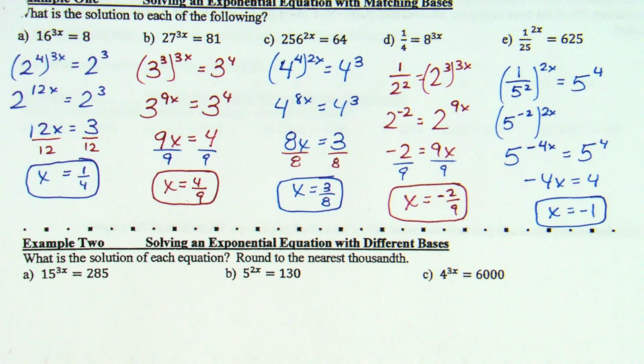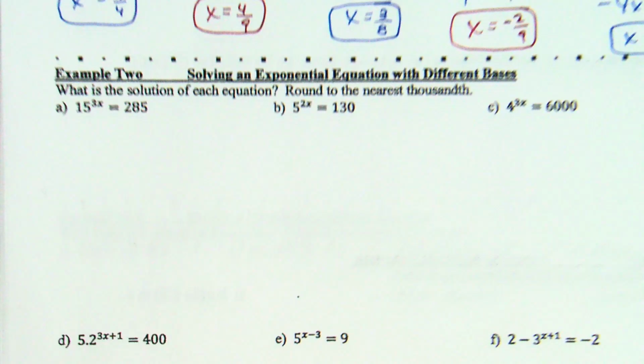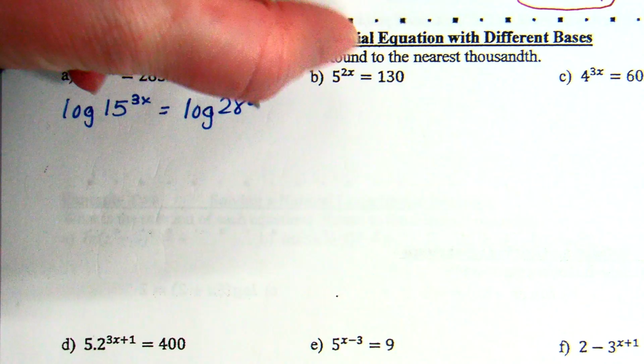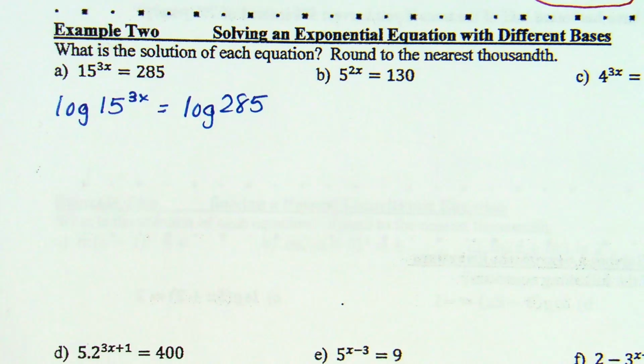So we're going to take the log of both sides. Meaning, my first thing I'm going to write is the log of 15 to the 3x equals the log of 285. So when I ask you to take the log of both sides, it's really just writing the word log in front of them.